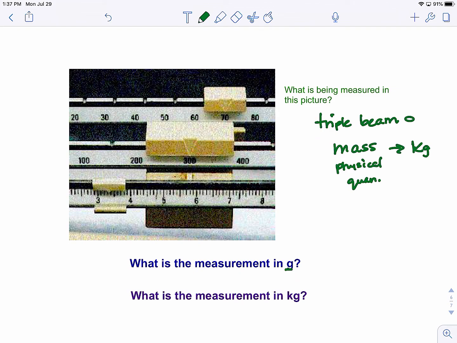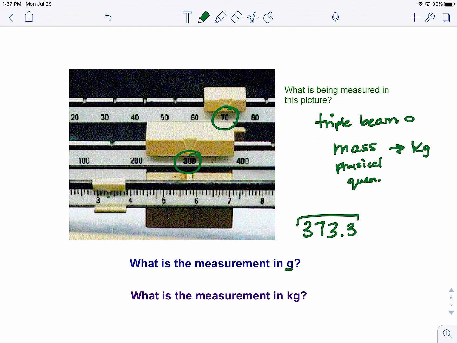So with the triple beam, we know 300. We know 370. Looks like it's 373. And then it looks like it's right in between those 2 marks there. So 373.3.